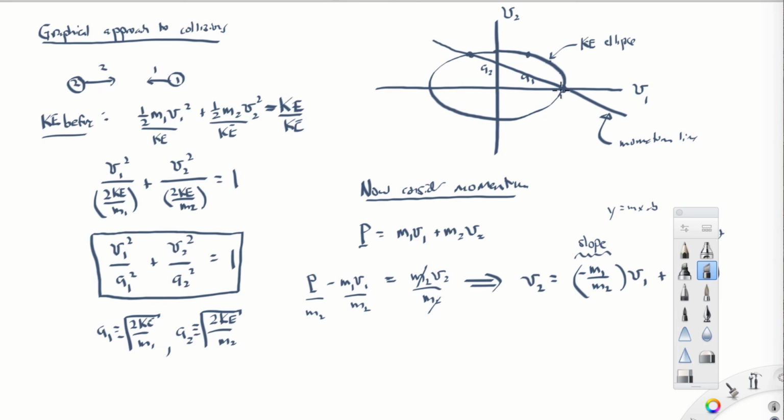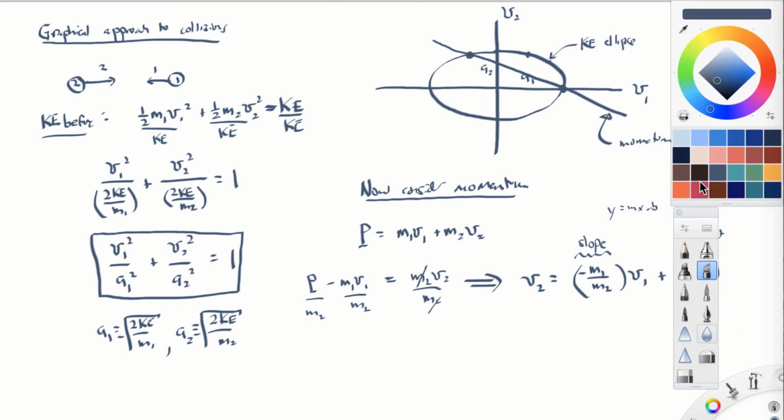And the intersection points, this point right here and this point right here, are values of v1 and v2. This point represents a pair of values v1 and v2 that are consistent with this system having a certain kinetic energy and a certain total momentum.